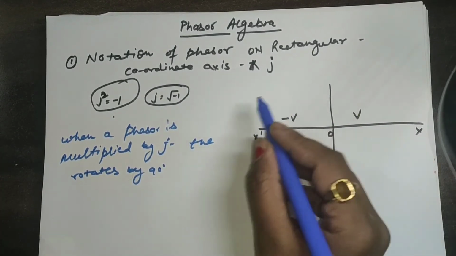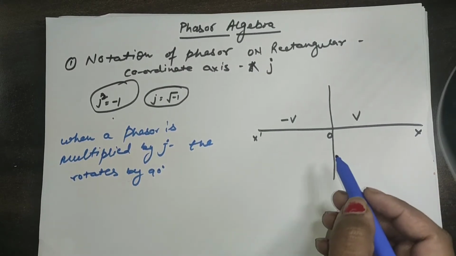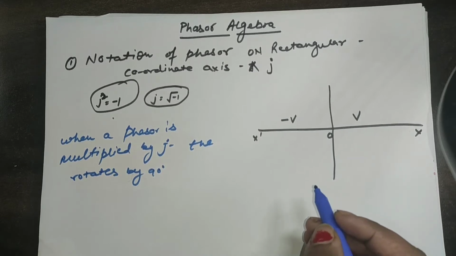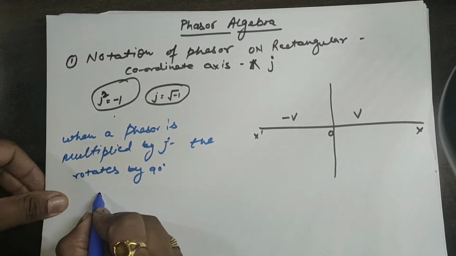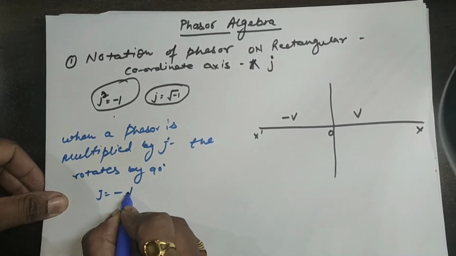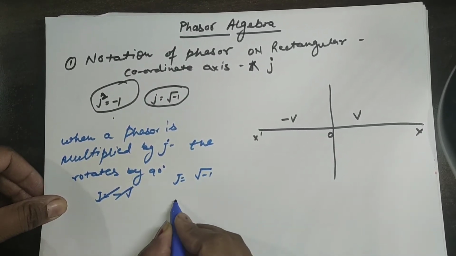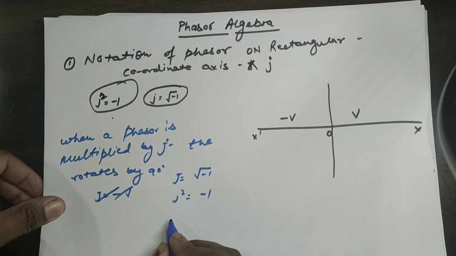In successive multiplication, j rotates the phasor through an additional 90 degrees. Let's suppose j equals the square root of -1, and j square will be -1.